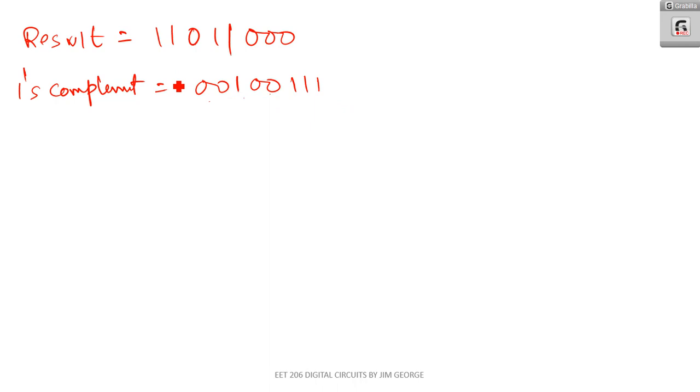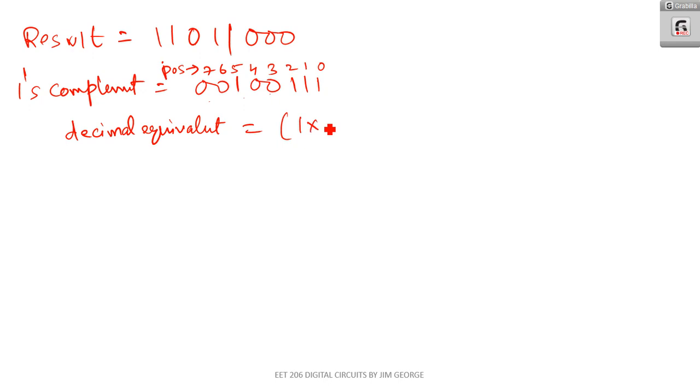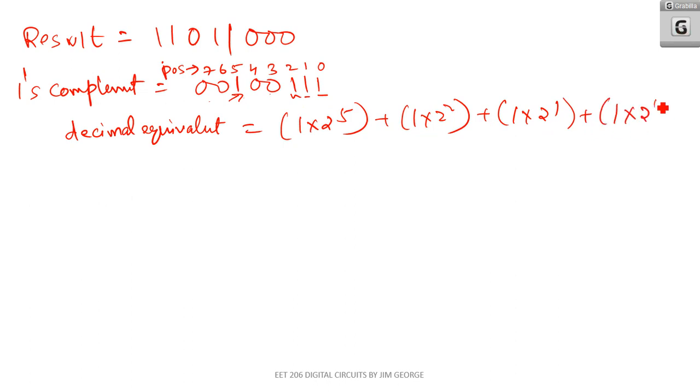Now we will give the positions of it: 0, 1, 2, 3, 4, 5, 6, 7. So if you need to get the decimal equivalent of it, what is it? That is 1 into 2 power 5, plus 1 into 2 power 2, plus 1 into 2 power 1, and the last one is plus 1 into 2 power 0.